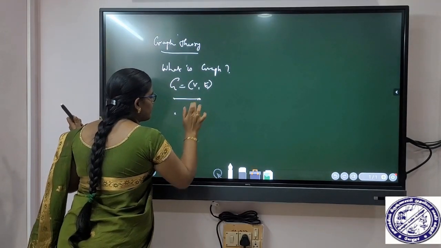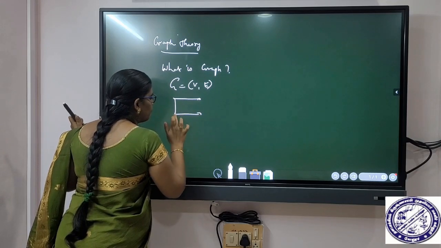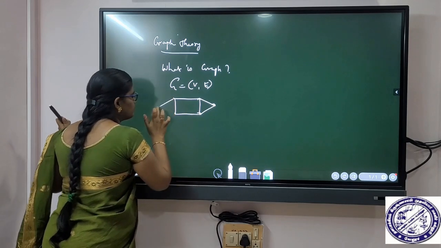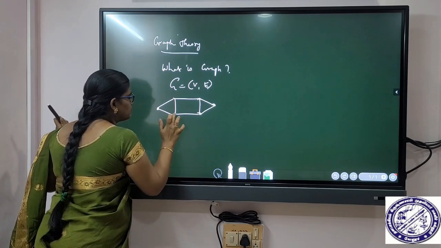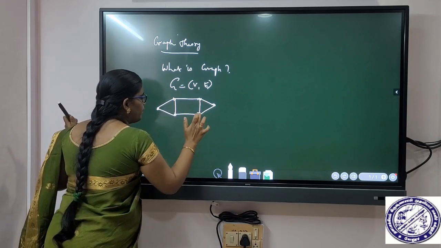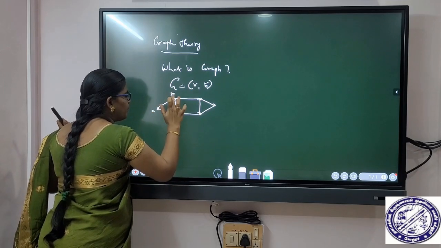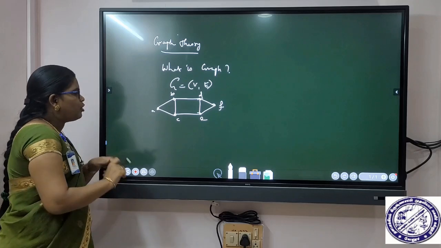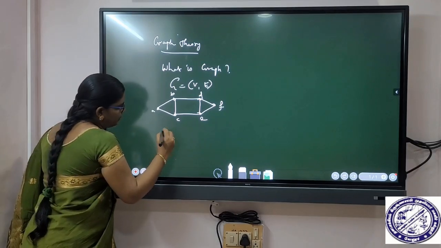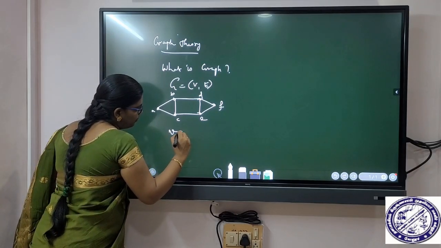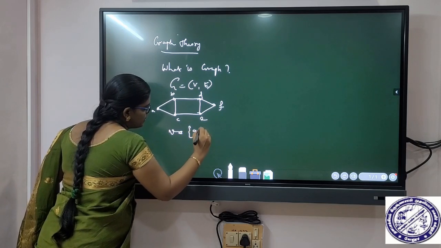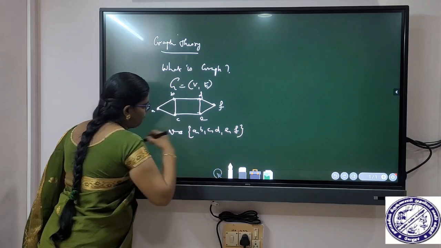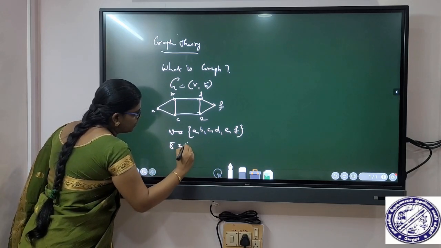So this is the example for a simple graph. Named the graph as A, B, C, D, E and F. So in this graph, V equals the set of vertices, which is A, B, C, D, E and F. E equals the set of edges.